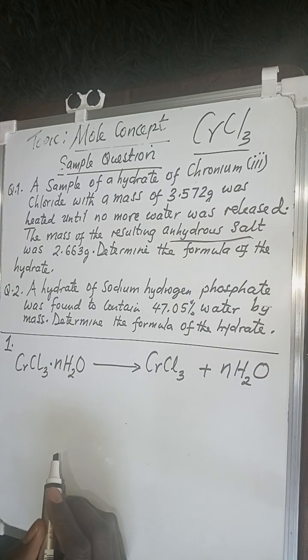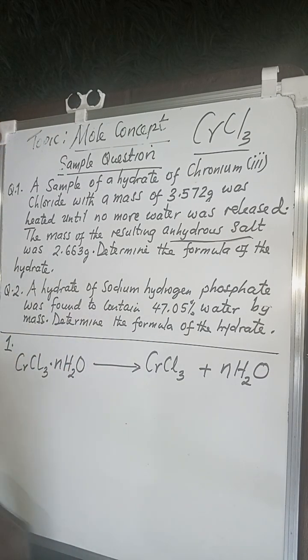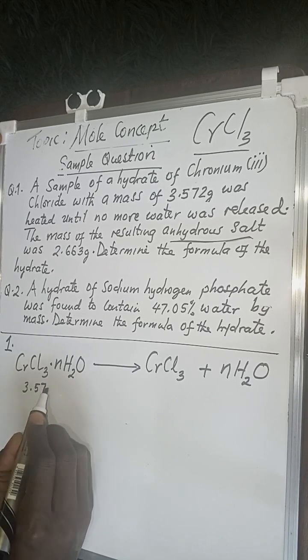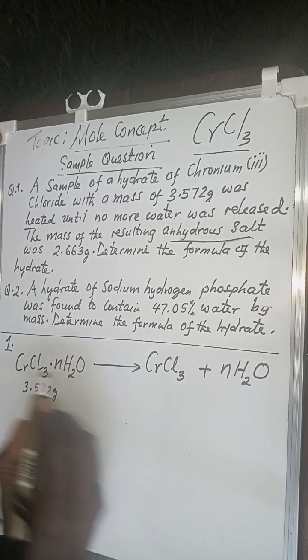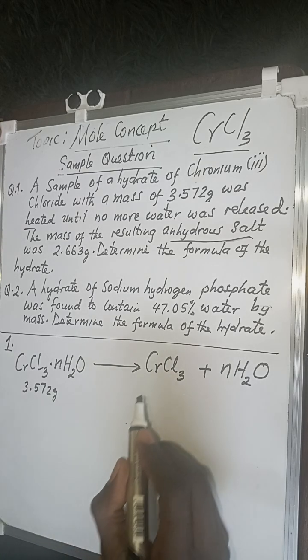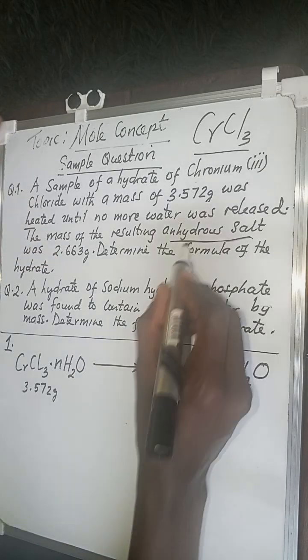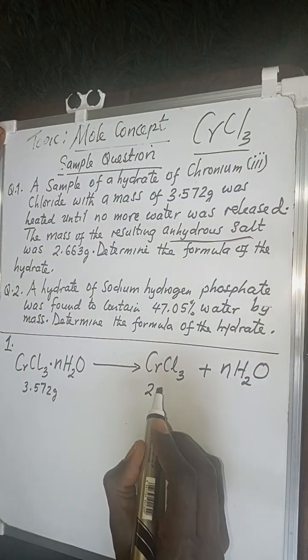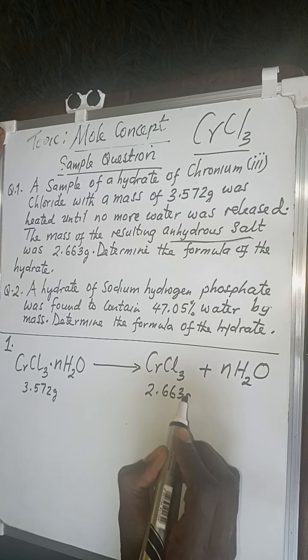Now, if you go back to the question, they told us the mass of the hydrate. It was 3.572 grams. And after it was heated such that all the water was released, they told us the mass of the anhydrous salt, the salt without water, is 2.663 grams.